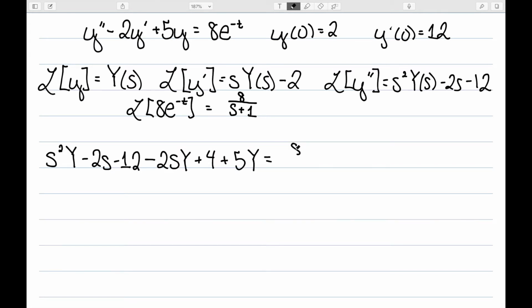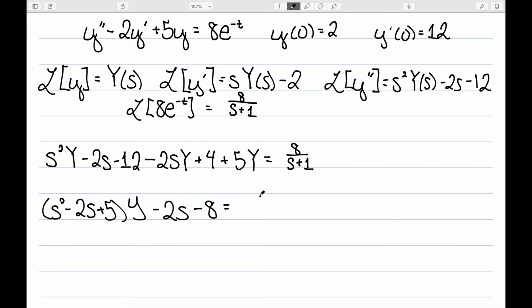And then that should be equal to 8 over s plus 1. We can then rewrite this left-hand side, so I have s squared minus 2s plus 5 times capital Y minus 2s, and then I have a negative 12 plus 4, so minus 8. This is equal to 8 over s plus 1.